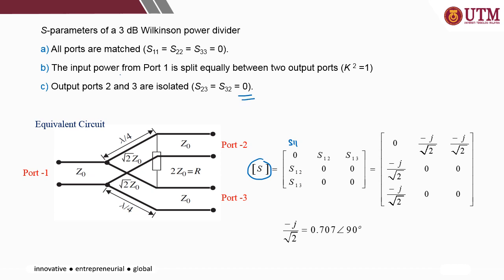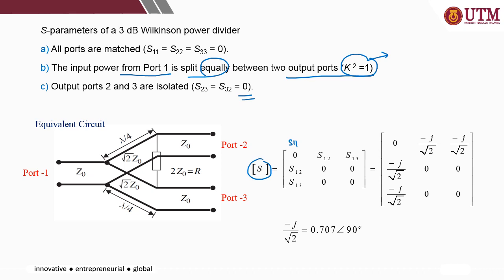The input power from port 1 is split equally between two ports, in which K squared equals 1. This provides the power division ratio between the two ports, port 3 and port 2.